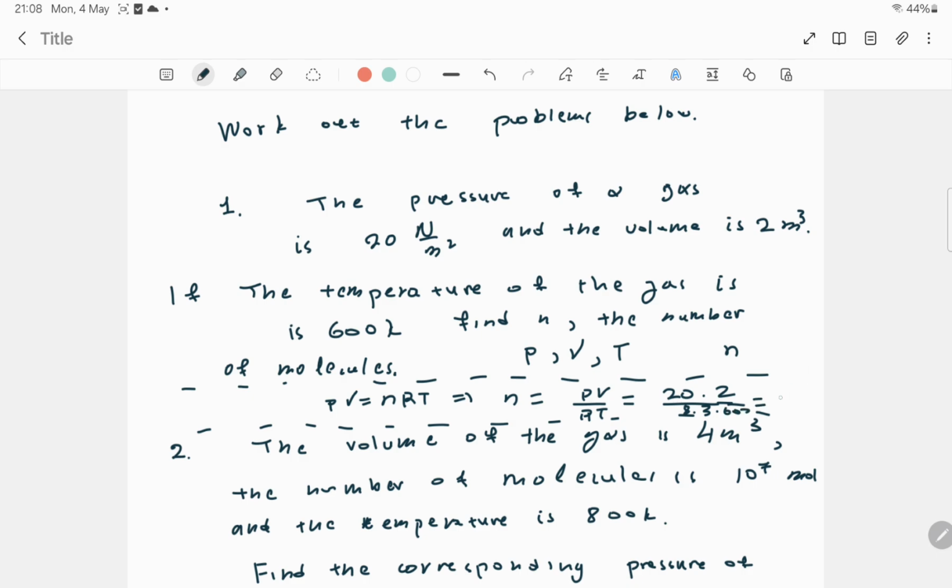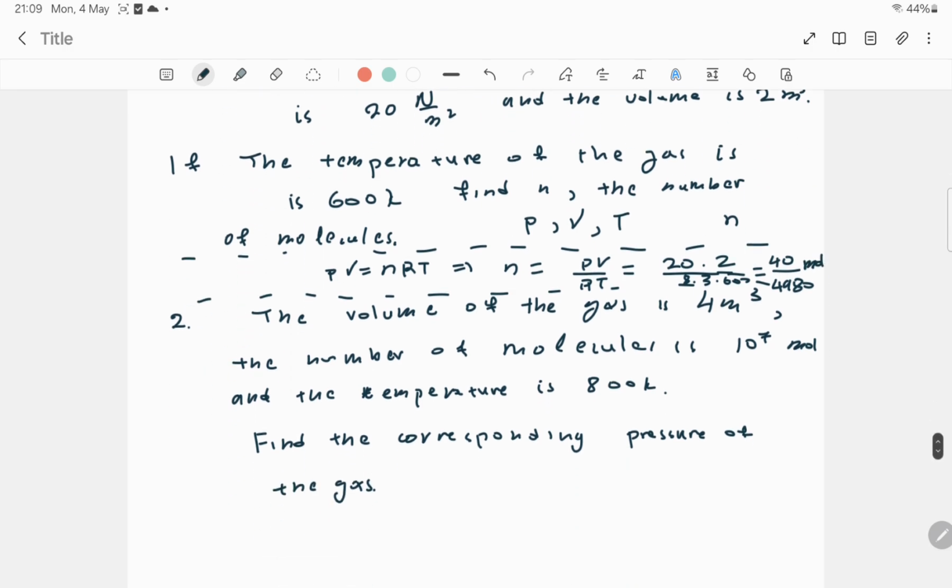So the numerator is 40 over, and then you do the calculations, 8.3 times the temperature, so it's going to be 4,180, and this is in moles. The measurement is in moles.